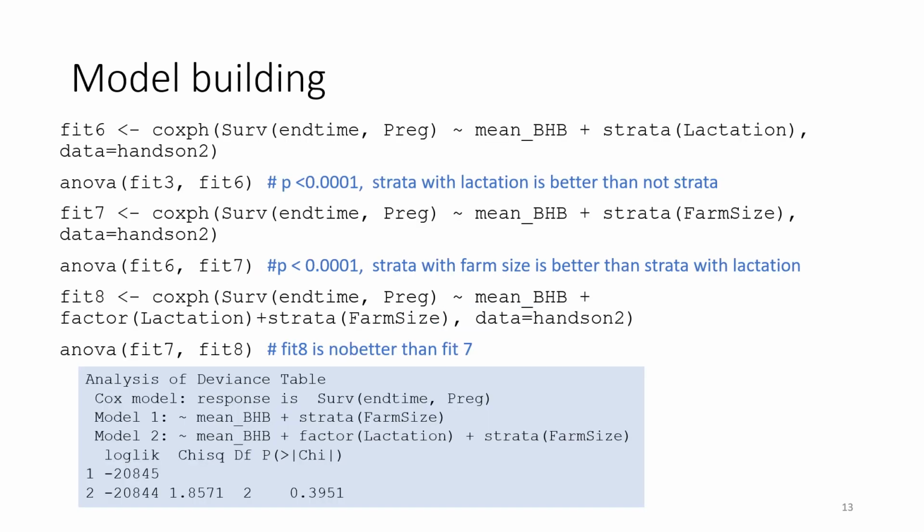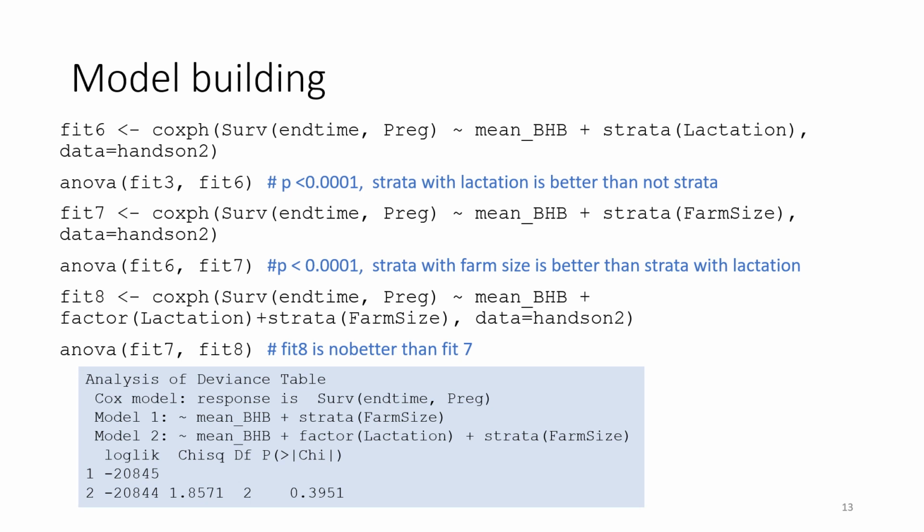In Model 6, I stratified by lactation to see whether stratification would be better, and stratifying with lactation is better than no stratification. Model 7 stratifies with farm size, and stratifying with farm size is much better than without stratification, and much better than stratifying with lactation.